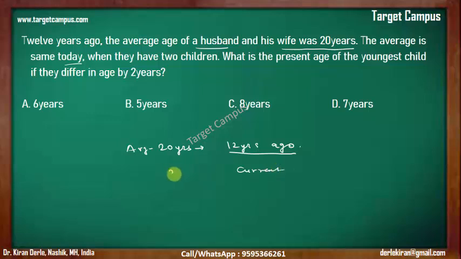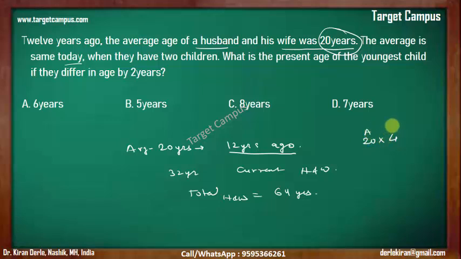Current average is 32 years of husband and wife. What is the total of husband and wife? 32 into 2, that is 64 years. This is the total of husband and wife. What is given next? The average is same today, that is 20 years only, when they have 2 children.